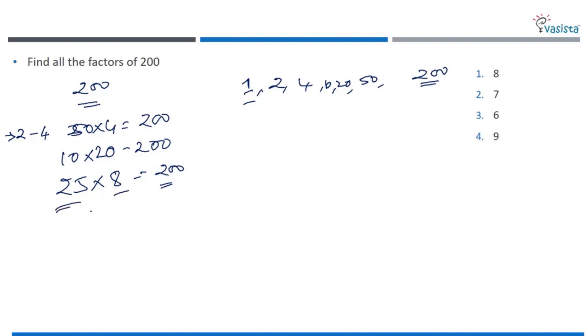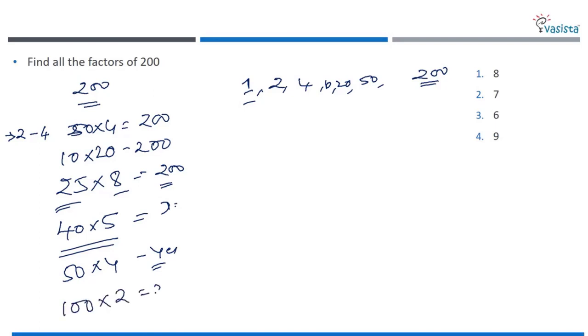Then 10 has finished, 20 is finished, 15 is not possible. 30 is not possible. 35, no. 40, yes. 40 into 5, yes, it is divisible. Then 50 into 4, yes, 5 fours are 200. Then 75 is not possible, so let us go with 100. 100 into 2 is 200.